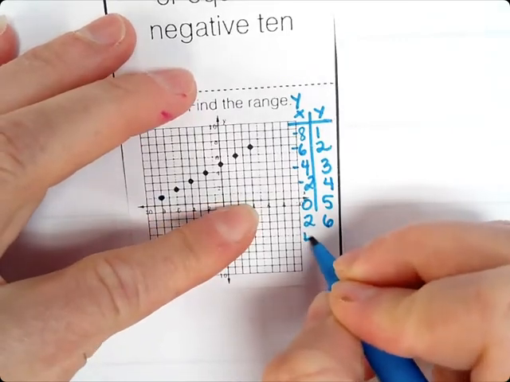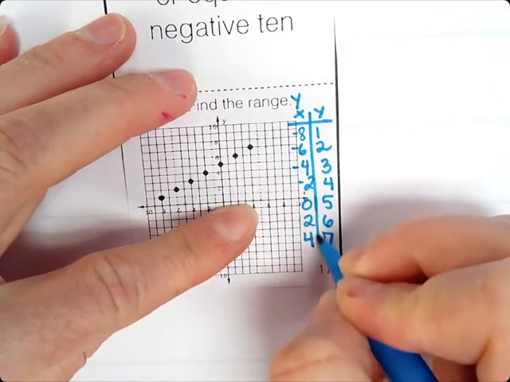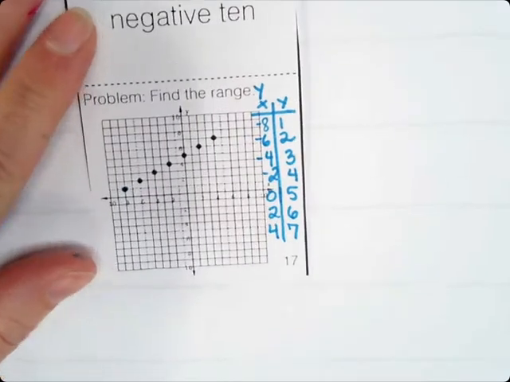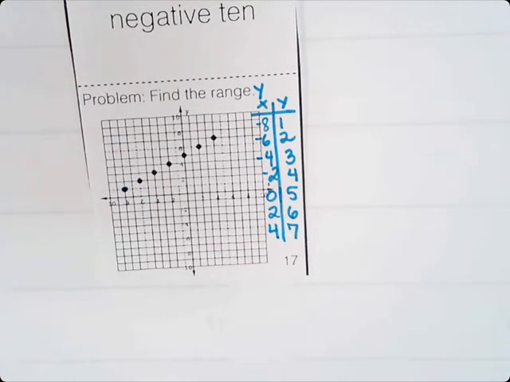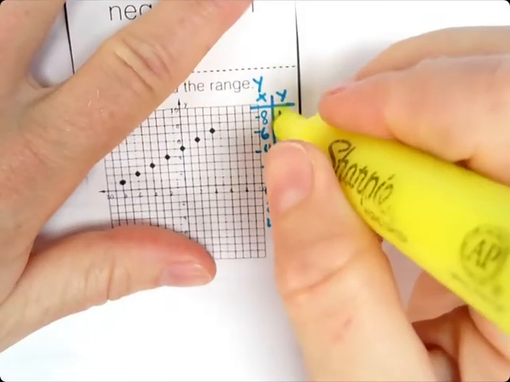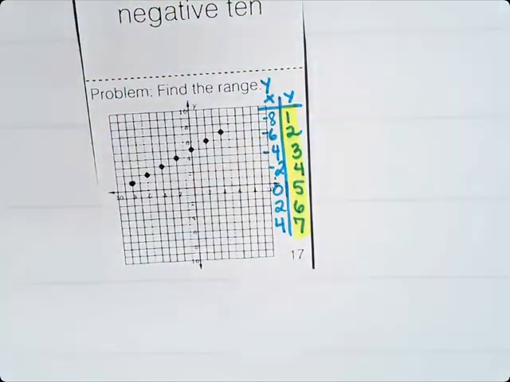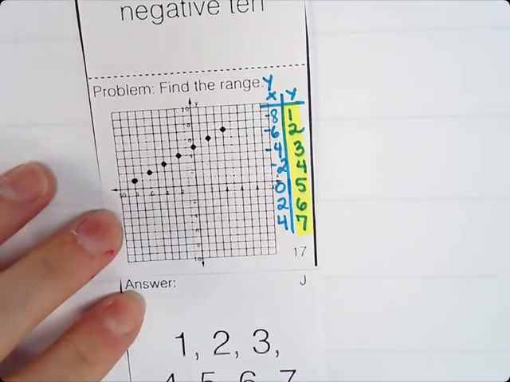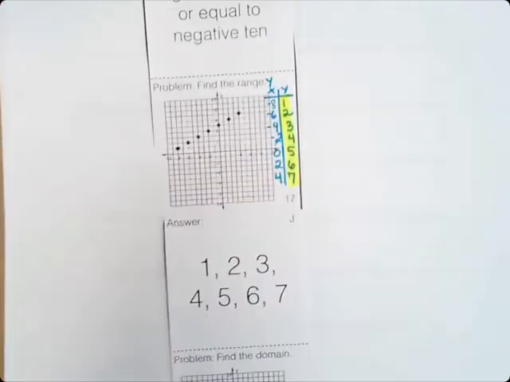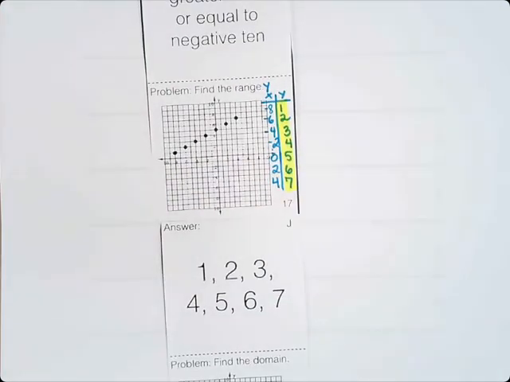And 4, 7. So if we're asked for our range, it's just a list of y values. So I'm just going to highlight them. You can make a list down at the bottom if you want, but the answer is J.